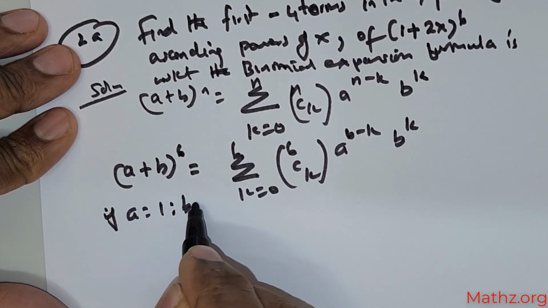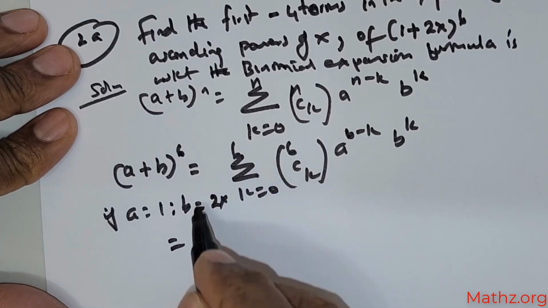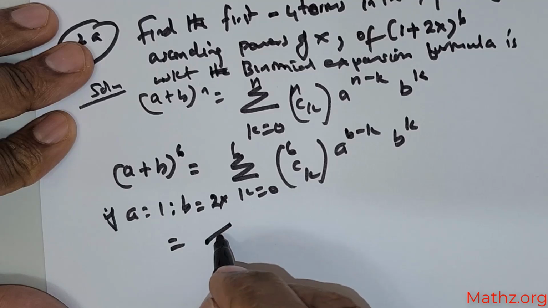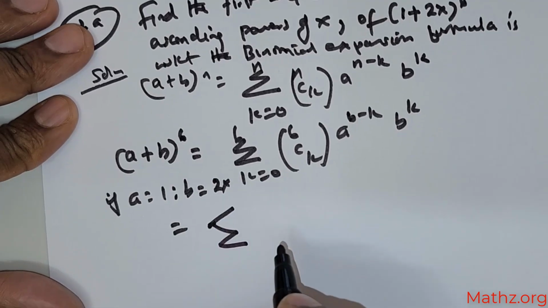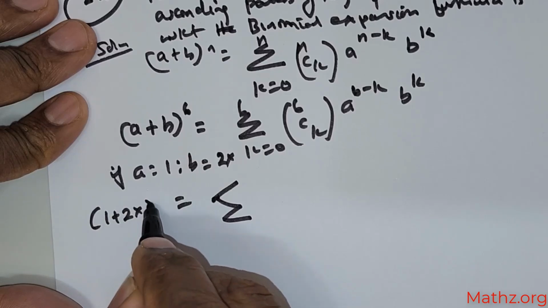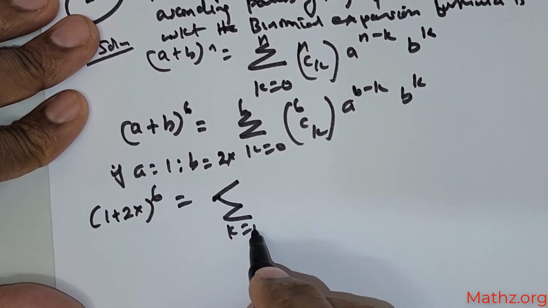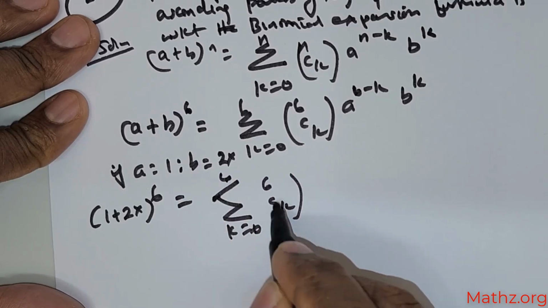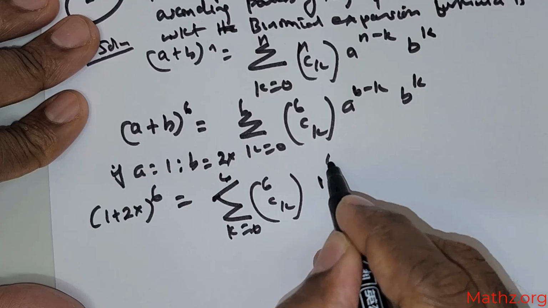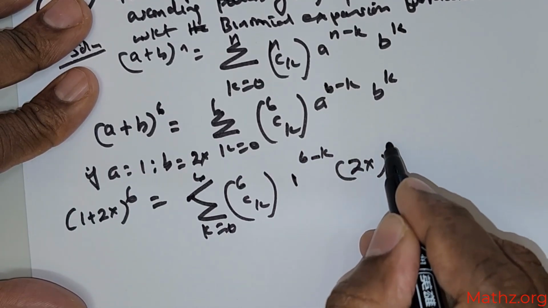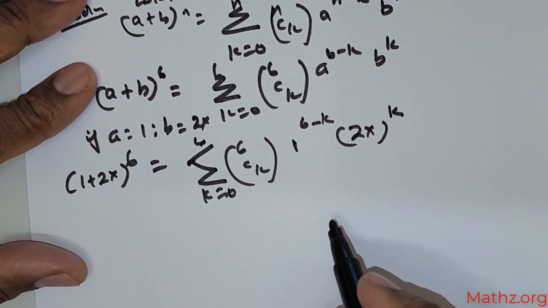If a is equal to 1 and b is equal to 2x, let me rewrite that. So it takes the following form: the sum from k = 0 to 6 of 6Ck times 1⁶⁻ᵏ times (2x)ᵏ.